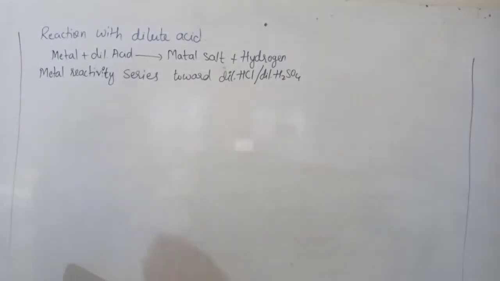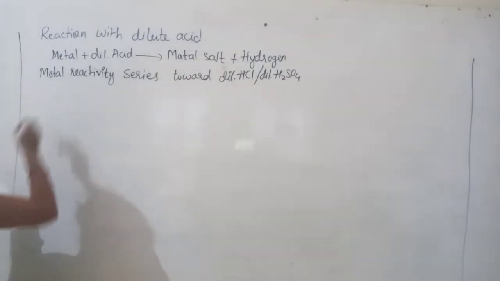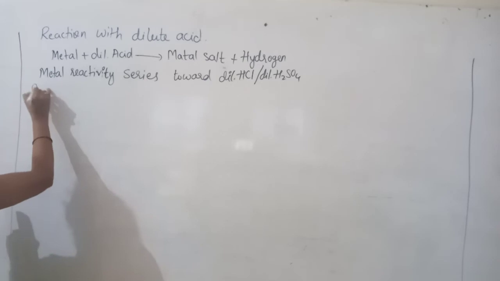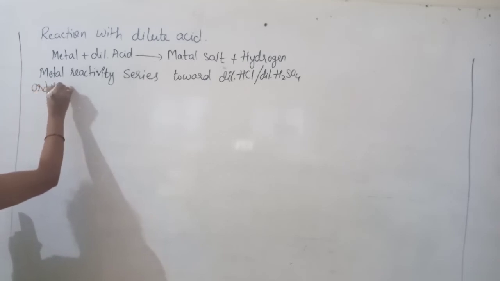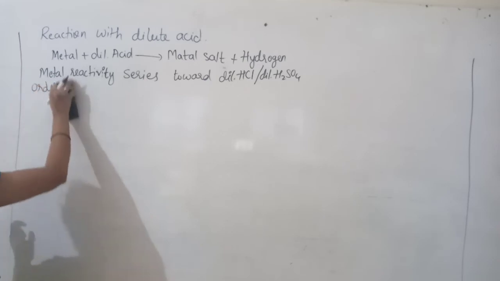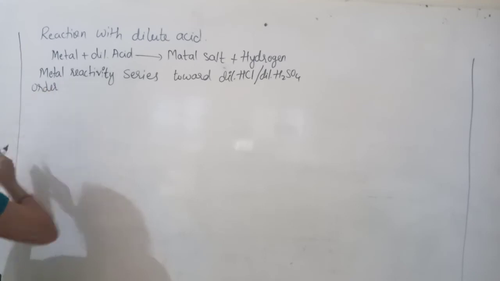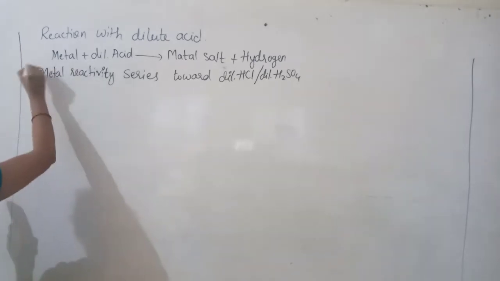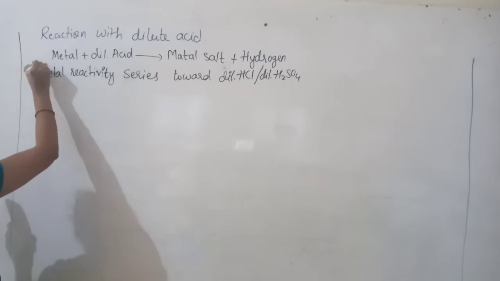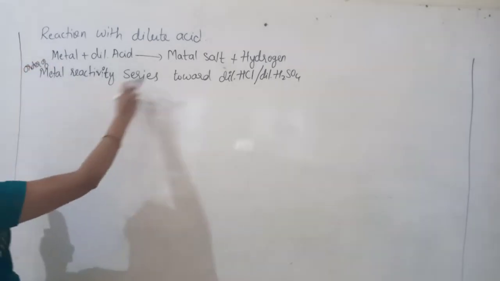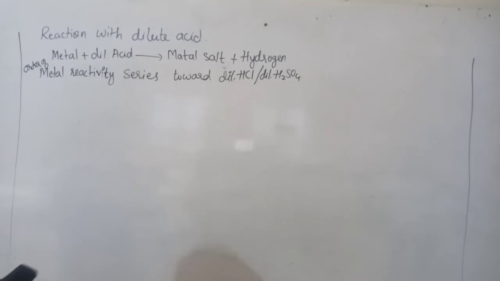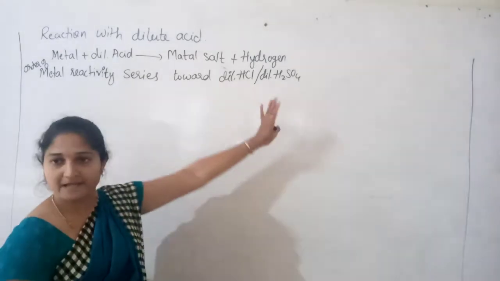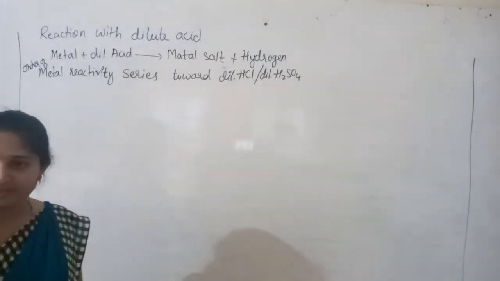Right? So here the order is going to follow that order. Here you can write the order of metal reactivity series towards dilute hydrochloric acid or sulfuric acid.